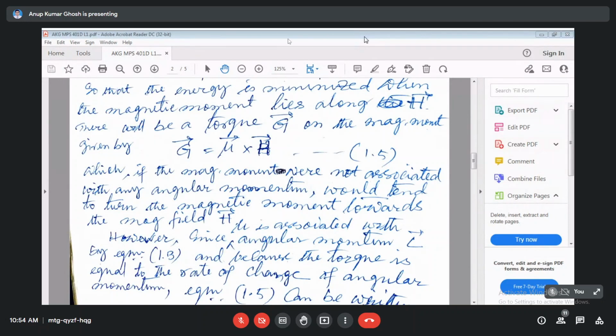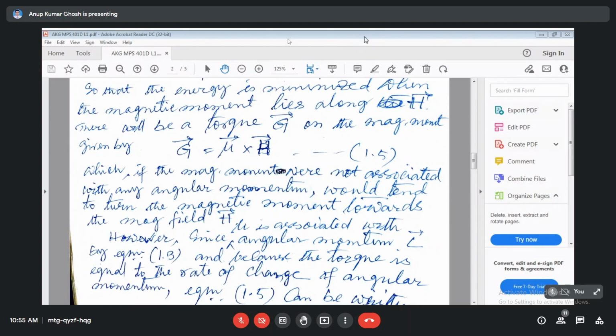The magnetic field will try to orient the magnetic moment towards its own direction.